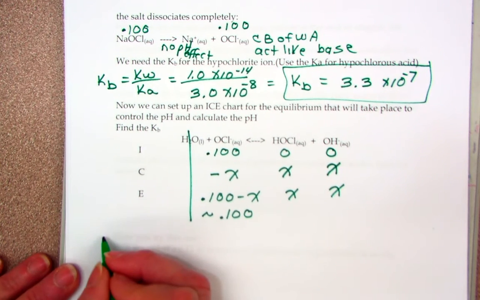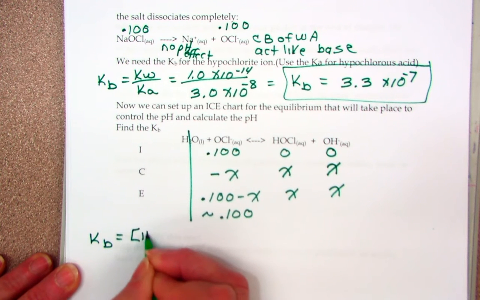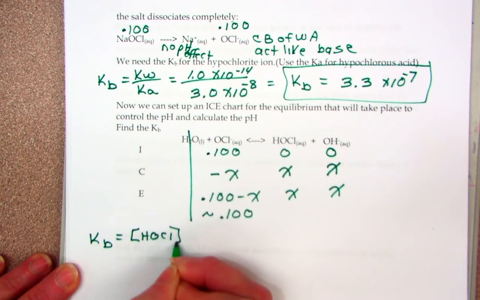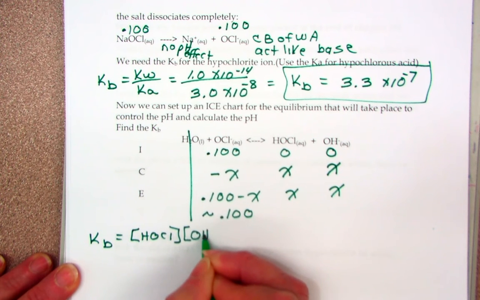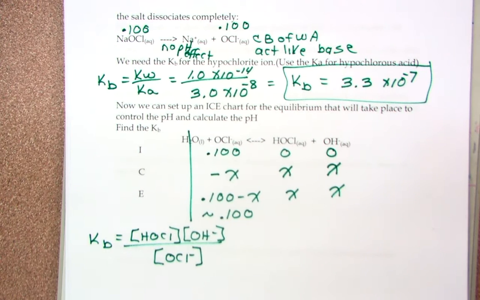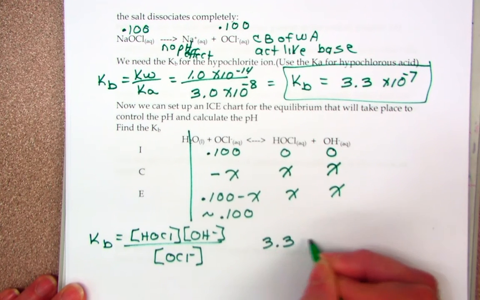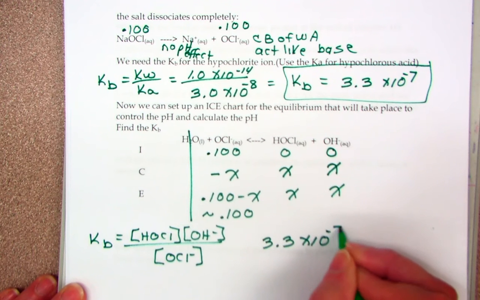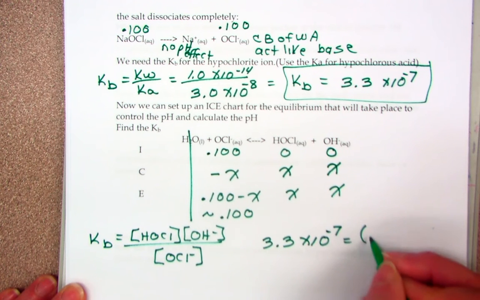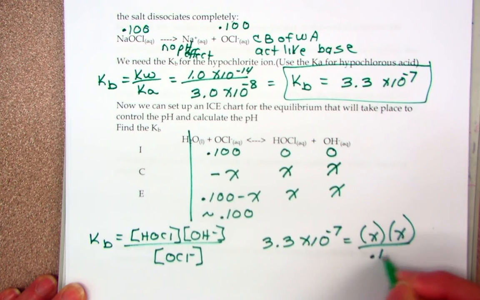So now I set it up. My Kb is equal to the hypochlorous acid concentration times the hydroxide concentration divided by the hypochlorite ion concentration. 3.3 times 10 to the negative 7th is equal to x times x divided by 0.1.